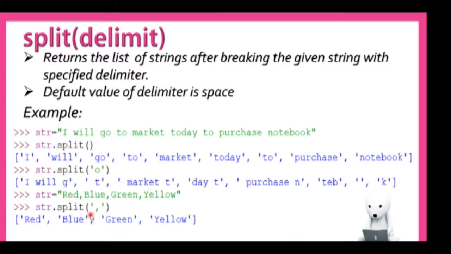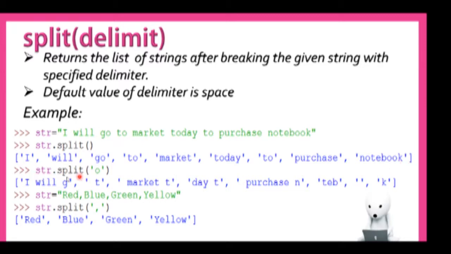Let's see its example now. str is equal to I will go to market today to purchase notebook. I have taken same string again. str dot split, not given any delimiter, so it accepts spaces as delimiter and returns a string having each word of this string as element of a list.